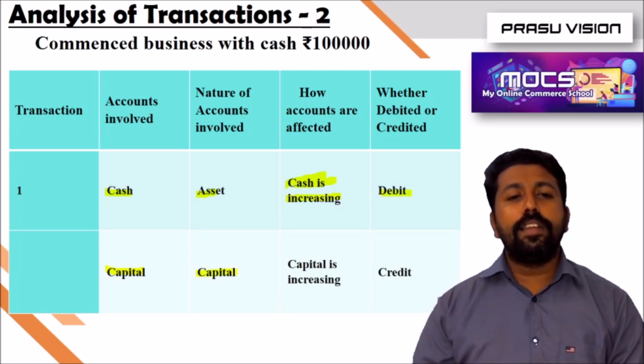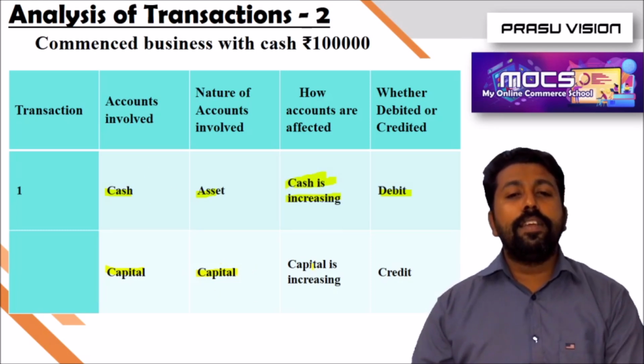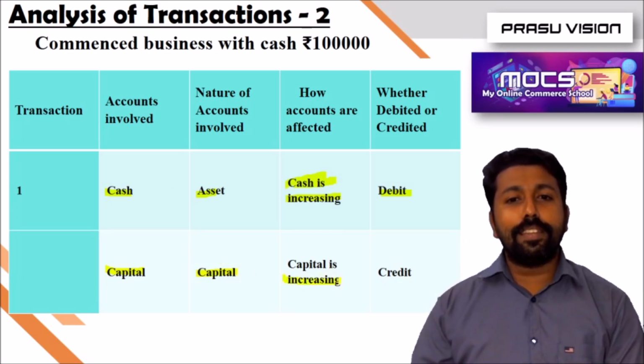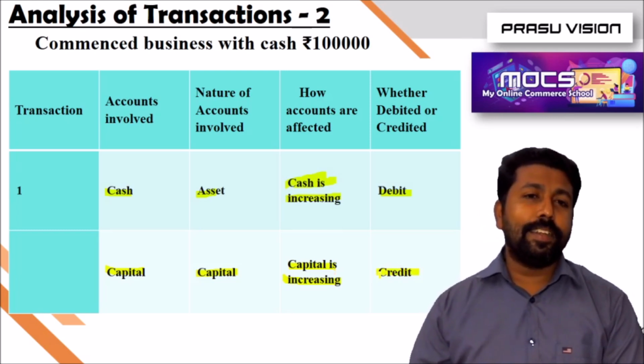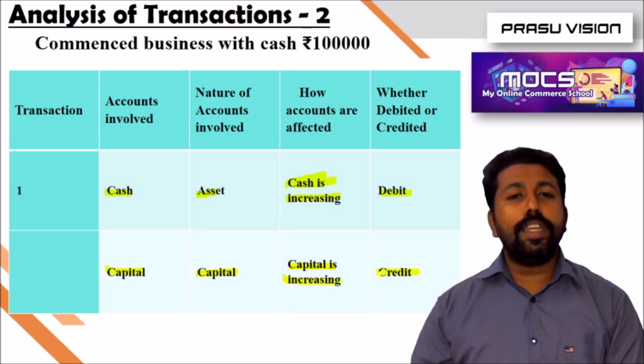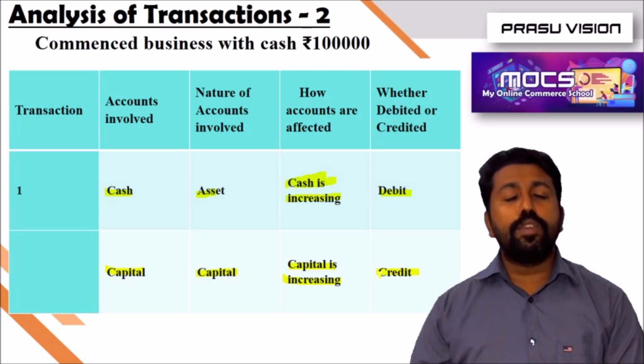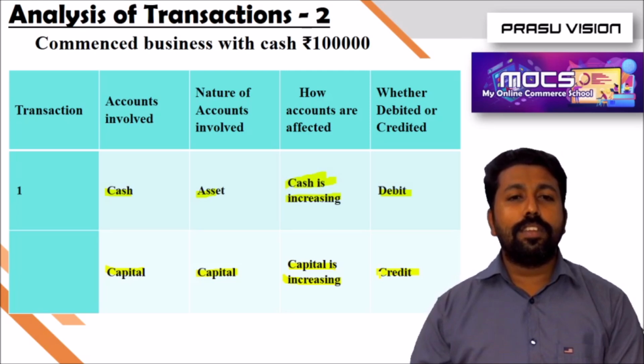And the capital is the second account. It comes under capital. And capital is also increasing, so it will be credited. Increase in capital, liability, and income credited. So please remember, it's very easy than the traditional approach to record the entries, the transactions.